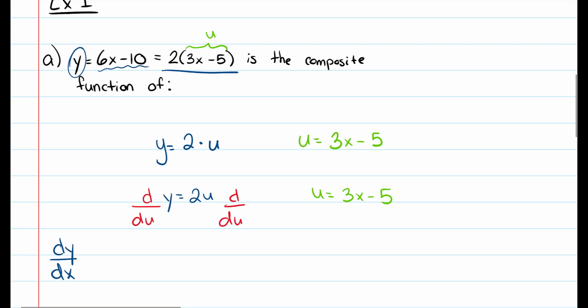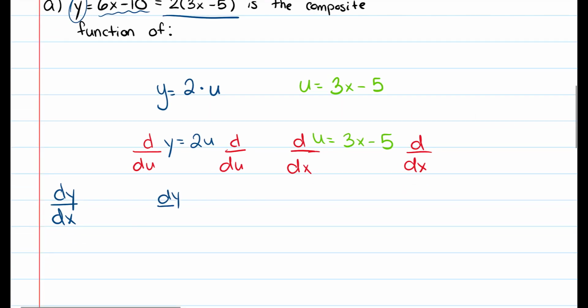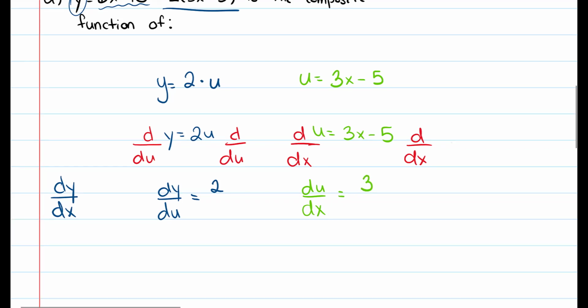And if I take the derivative of the second one, I have to take the derivative with respect to x. So I get dy du is equal to, and the derivative of 2u is just 2. And then du dx is equal to, and the derivative of 3x minus 5 is just 3.